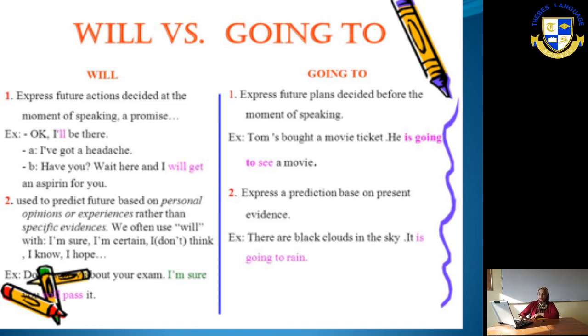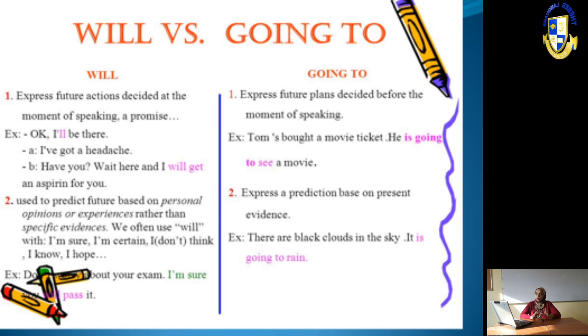And secondly, why do we use will also? We use it to predict the future. What does it mean to predict the future? It means that you are going to tell me what is going to happen in the future, but this is according to your opinion. It doesn't have any clues or any base to stand on.